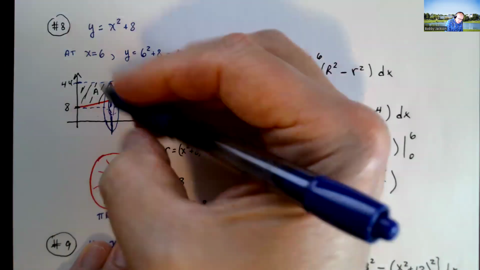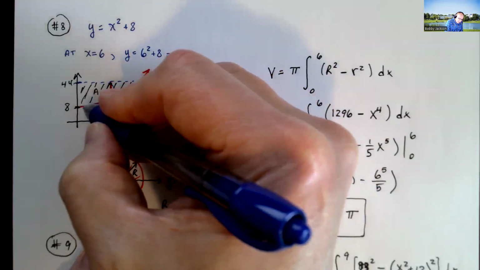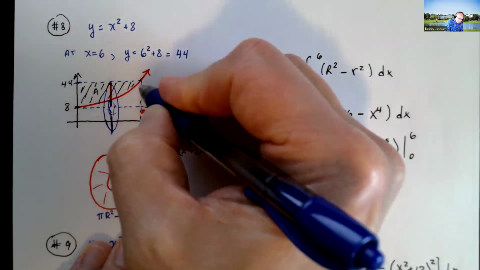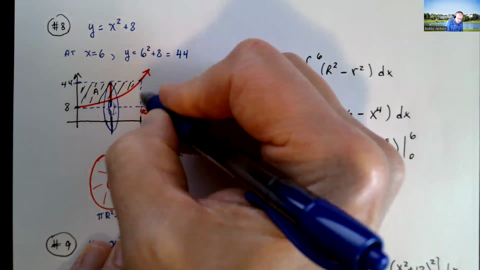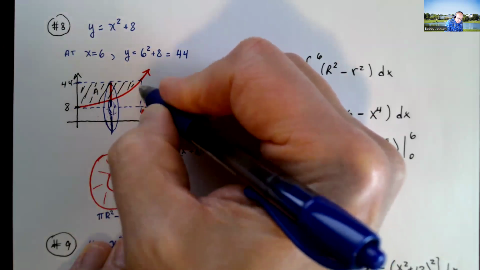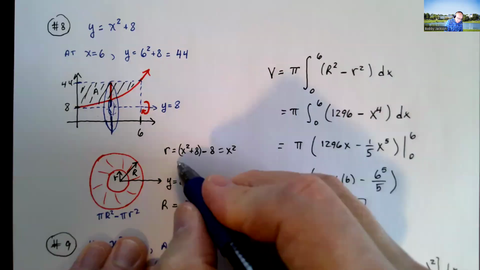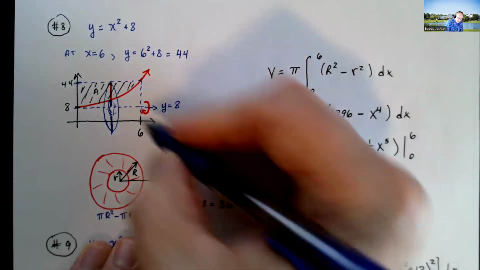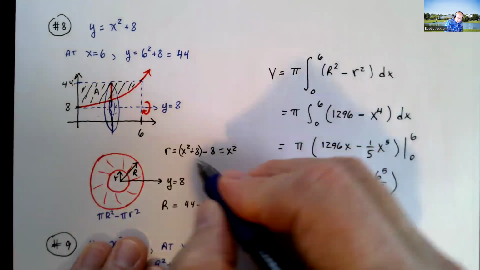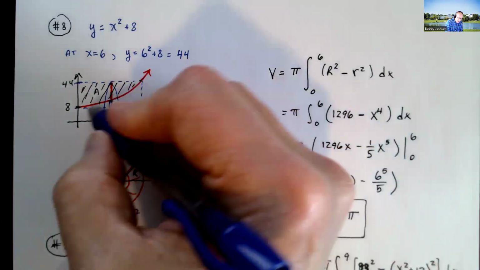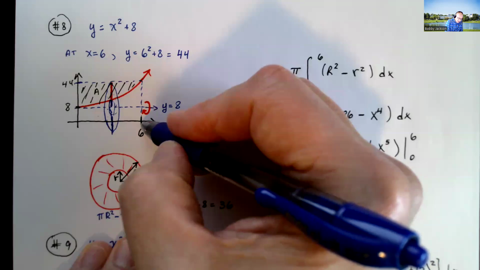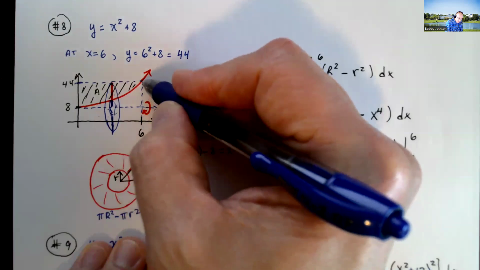Notice little r varies from 0 all the way up to 36, the distance from 8 to 44. So x squared plus 8 is the top, 8 is the bottom, subtract, and I just get x squared. In fact, that's the radius, and you can see that by the time we get to 6, x squared would be 36, and that indeed is the distance between 44 and 8.